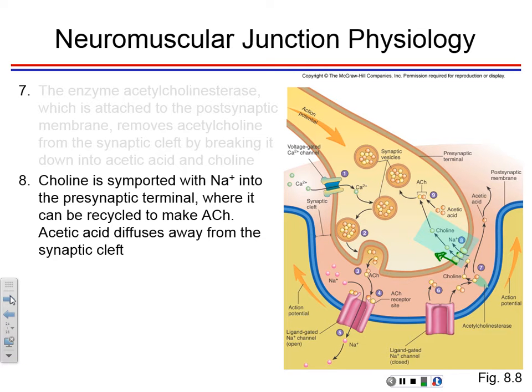So then the choline is imported into the synaptic knob with the sodium channels. Symport. Okay? They go in the same way. So when it goes back with the sodium, it's only the choline that goes in. Only the choline that goes in.